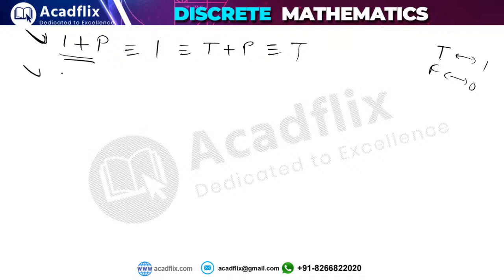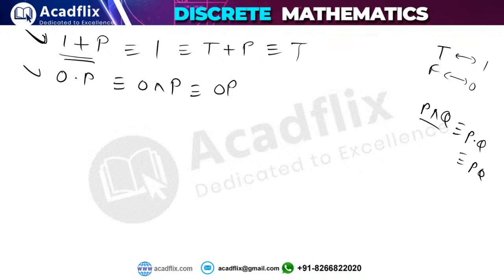Similarly, the next thing is 0 dot p. What does it mean? It means 0 conjunction p. This is and. I told you that p and q can also be written as p dot q, or pq. All these are the same. So 0 dot p means 0 conjunction p, which is 0.